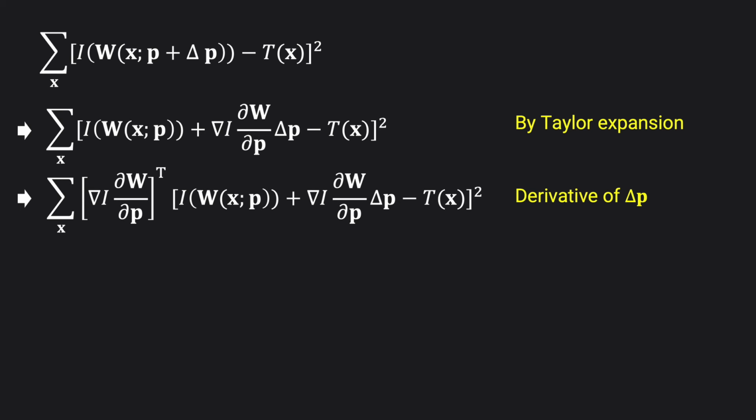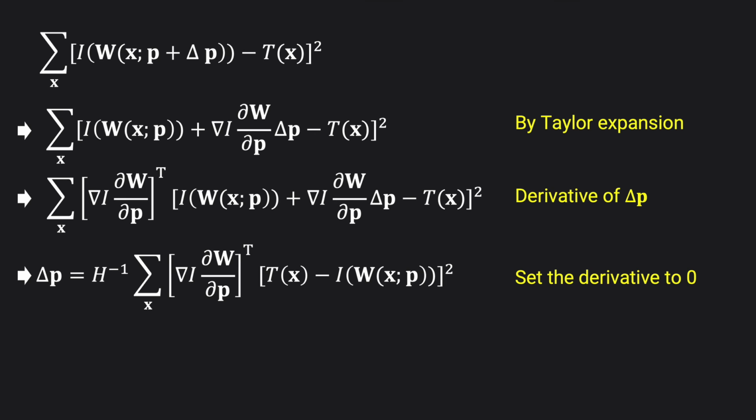At the second step, we can just take a derivative with respect to the change of the parameters. If you take a closer look at the Taylor expansion, it's actually a linear equation of delta p within the bracket, and therefore it's very easy to take a derivative of this whole energy function with respect to delta p.